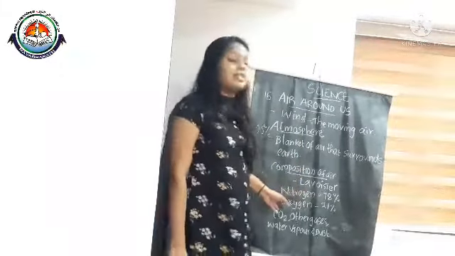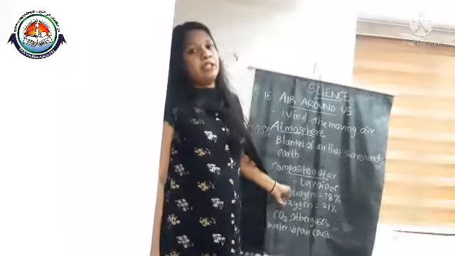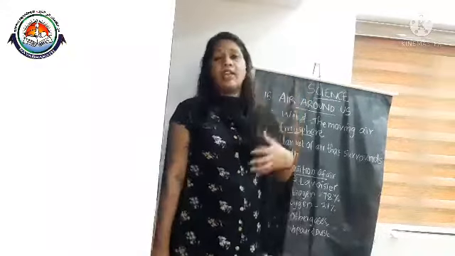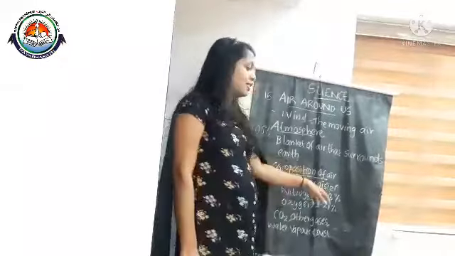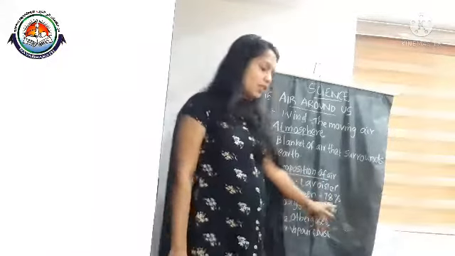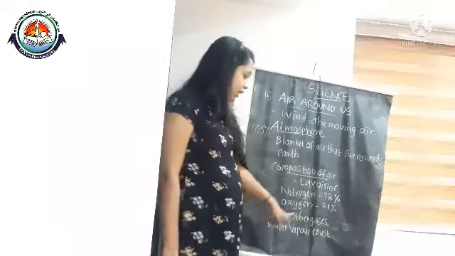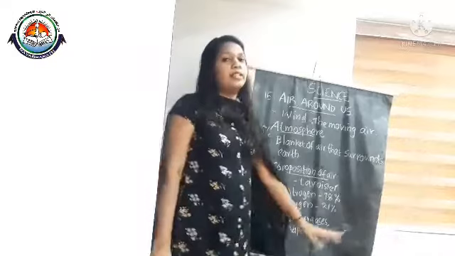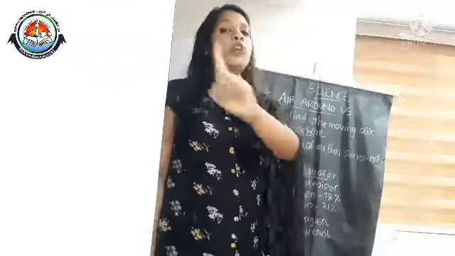And nitrogen is the most abundant element in the air. Abundant means the most found component. That means it is present in higher amount. Nitrogen is present 78%, oxygen is 21%, and carbon dioxide, other gases like neon, argon, etc., water vapor and dust make up the remaining 1%.